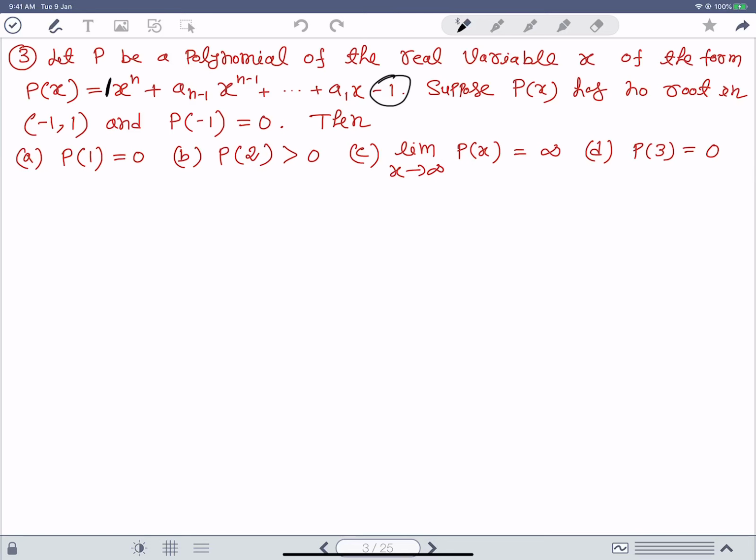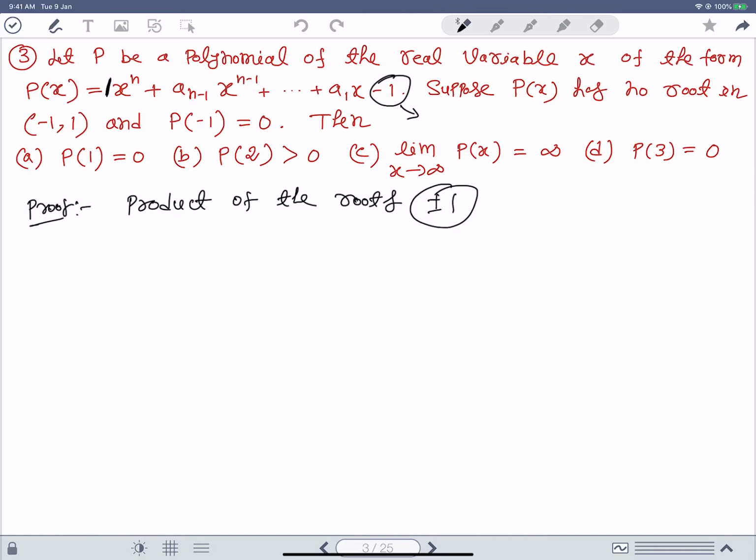Now, we know the product of the roots is plus or minus of this constant term. Since the constant term is -1, the product of the roots will be plus or minus 1, depending on whether n is even or odd. Now, the product of all the roots is plus or minus 1.